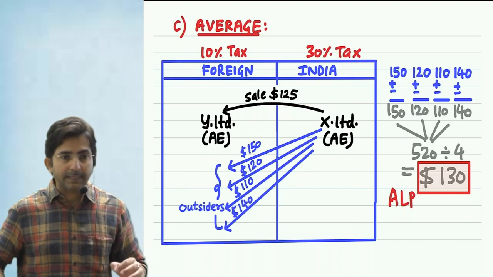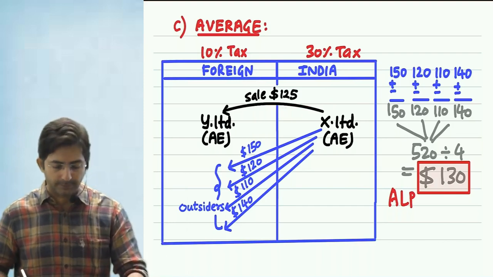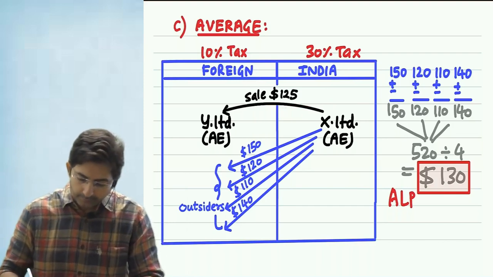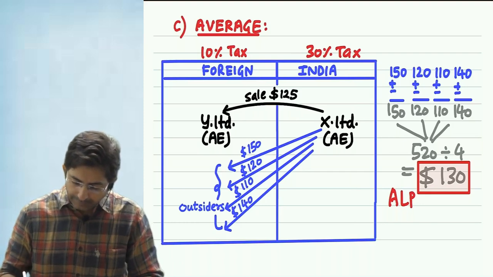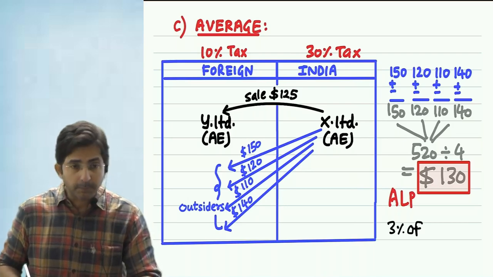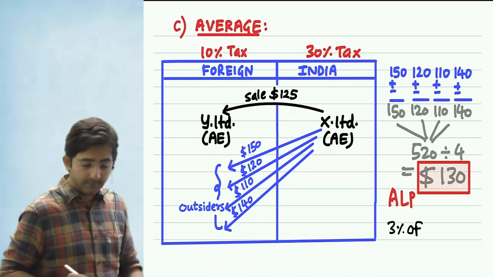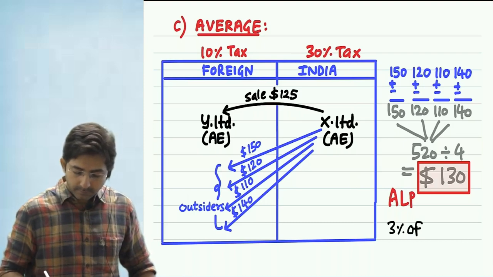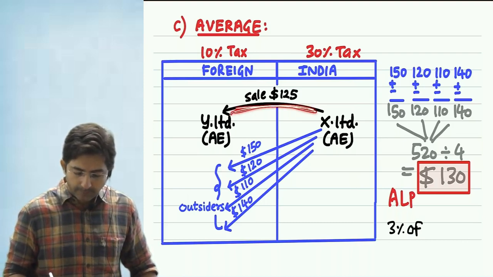So do one thing, calculate 3% of actual price. Let me calculate here. What is the actual price? See, this transaction is the actual price.